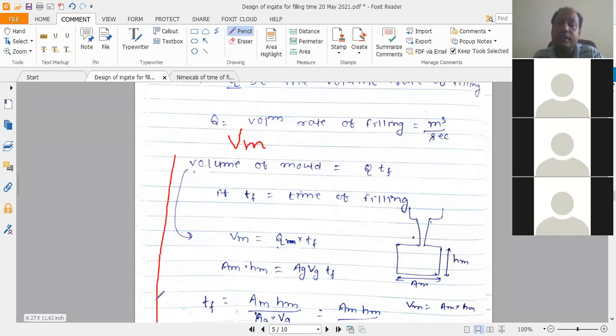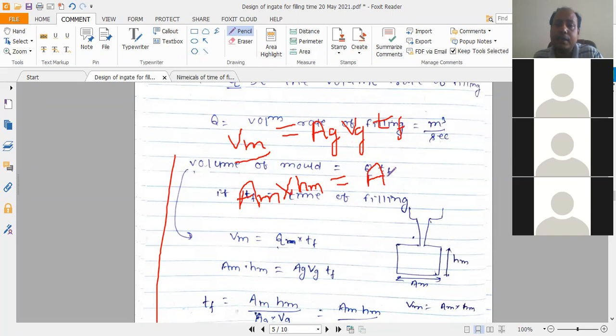This whole derivation is given here. The volume of mold is nothing but the gate area into gate velocity into time of filling. This volume of the mold is also the area of the mold into the height of the mold. So equating those equations, Am Hm equals Ag Vg into time of filling.